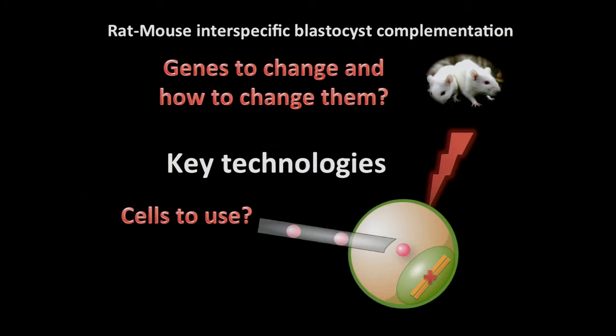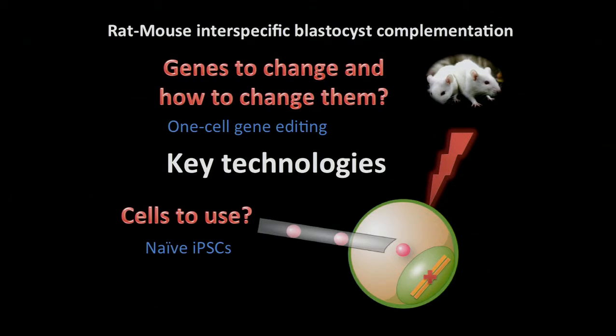So with these two technologies at hand, now we can combine them to generate tissues or organs using the blastocyst complementation system. So as I mentioned earlier, for the genes to change and how to change them, we use one-cell gene editing. And for the cells to use, we use naive iPS cells.